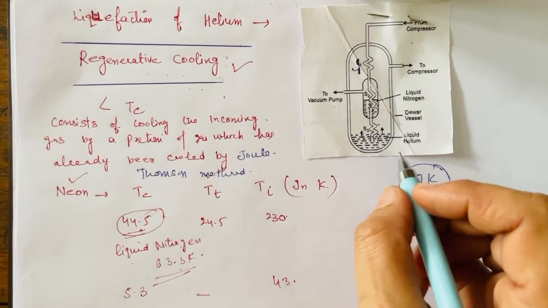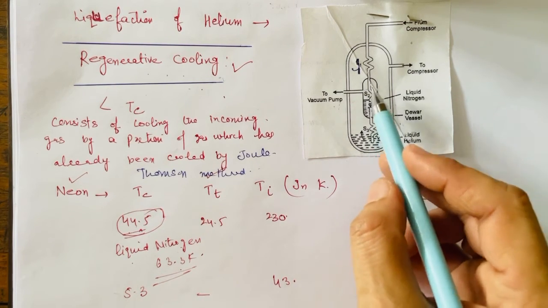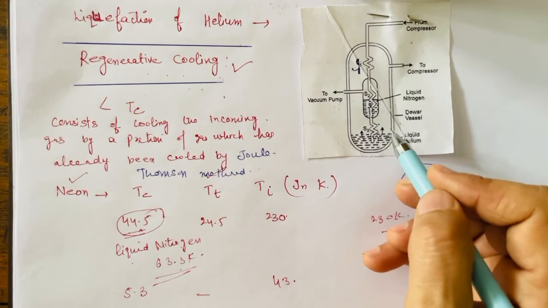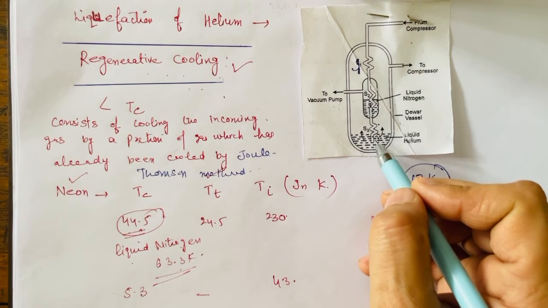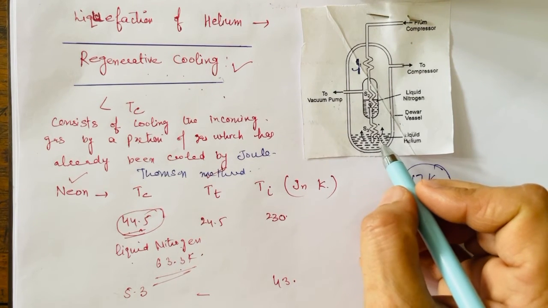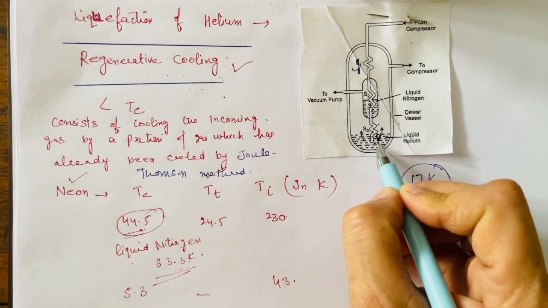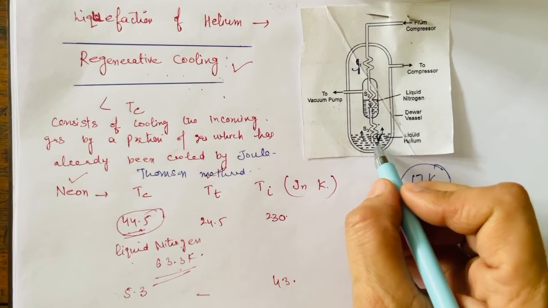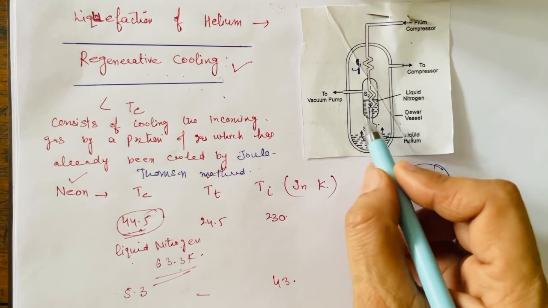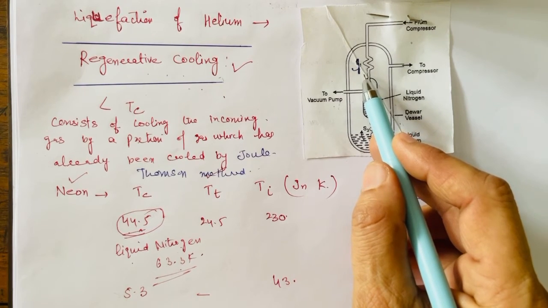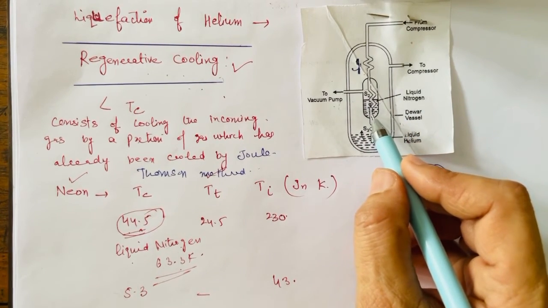The helium then suffers Joule-Thomson cooling due to expansion at the throttling valve V. This cooled helium then circulates around spirals S3 and S1, and this in turn cools down the incoming gas still further.